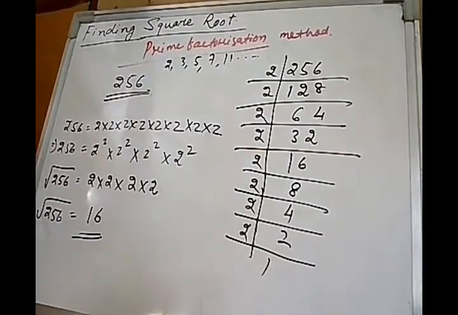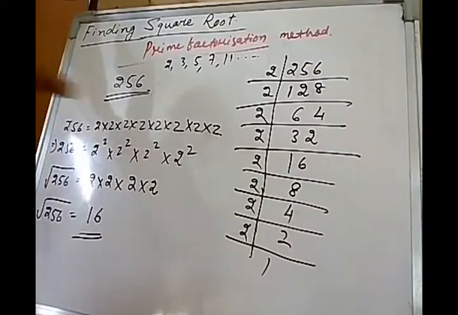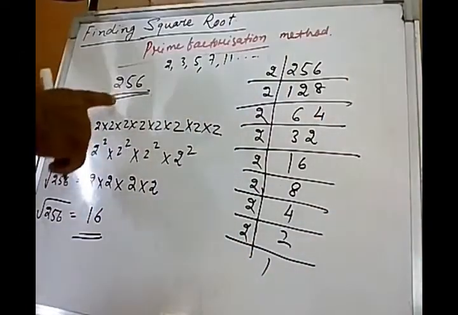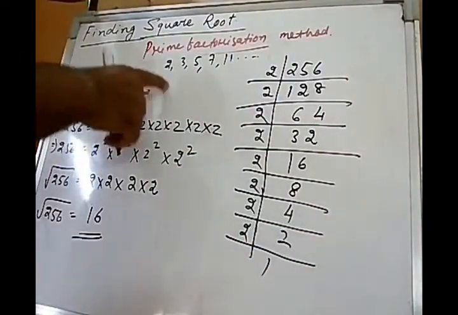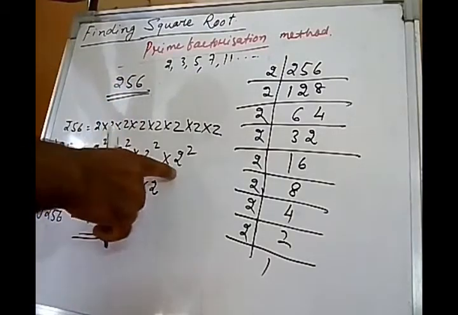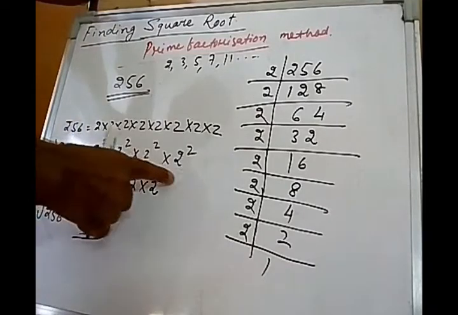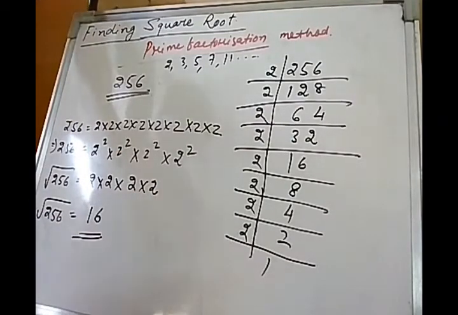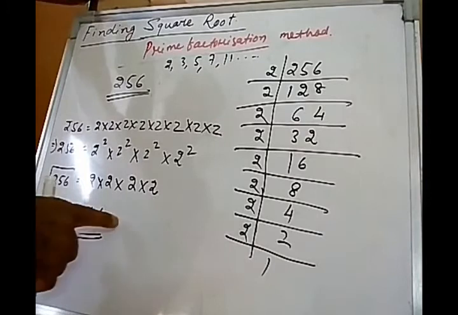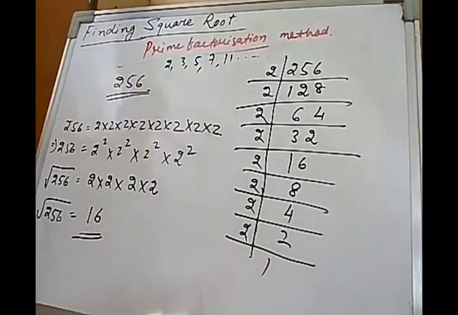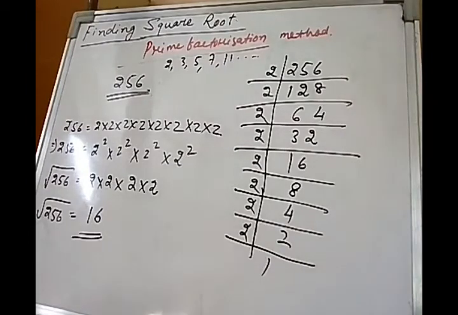So two things we have learned from here by using the prime factorization method, that 256 is a square number because all the factors are in the form of a square, and square root of 256 is 16. Once the radical symbol has been applied, then the symbol of a square will be eliminated. That's why square root of 256 is 16. By using the prime factorization method, we can find the square root.